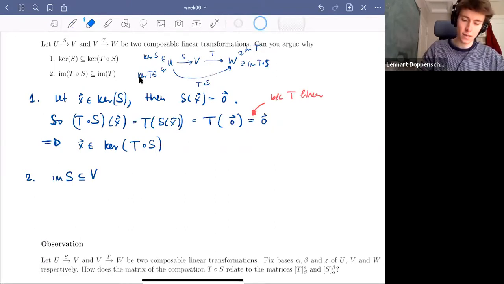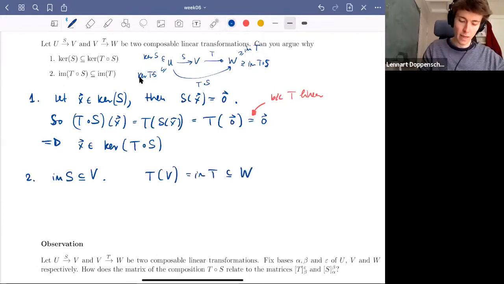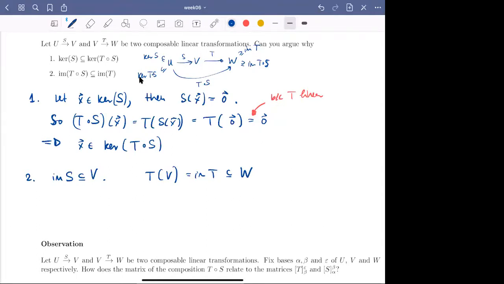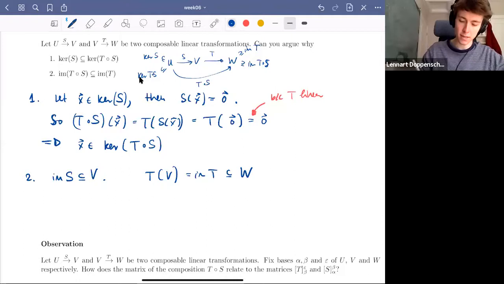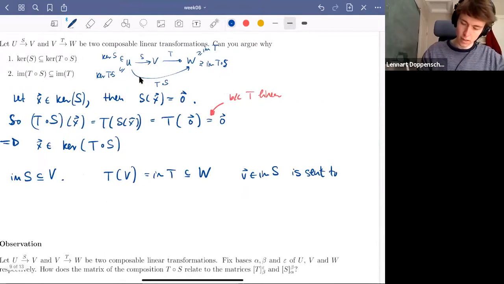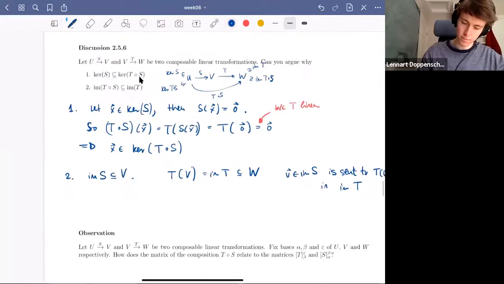So you're saying that because T of V, which is the image of T, is inside W. Then in particular, every element in the image of S is sent to T of V in the image of T.